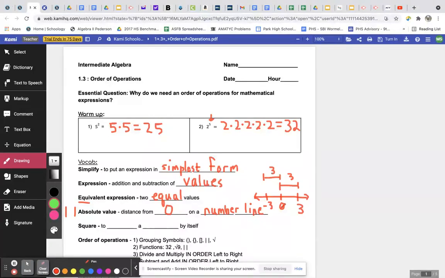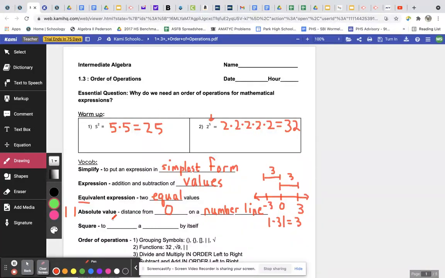A lot of times we'll write that out as the absolute value of -3. You might remember this as, any single number in the absolute value changes into a positive value. But the absolute value is a distance from 0 on a number line.